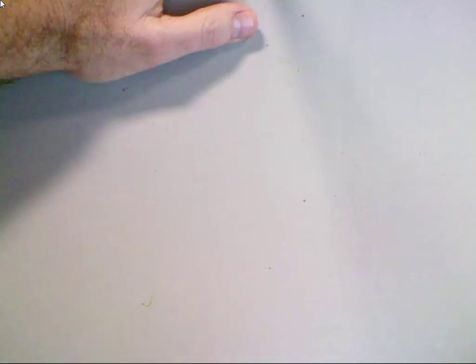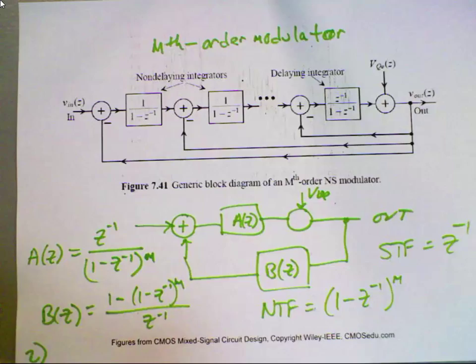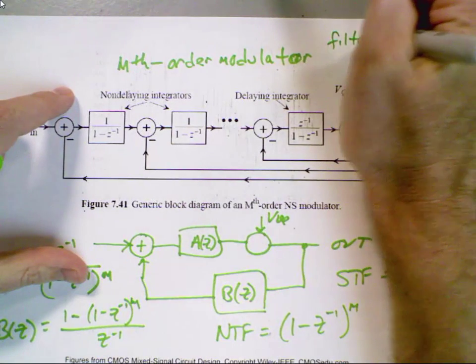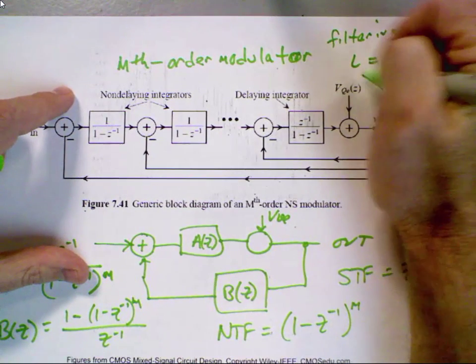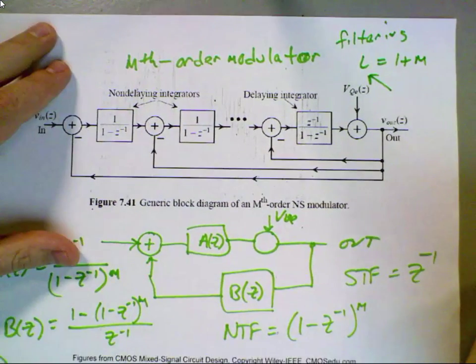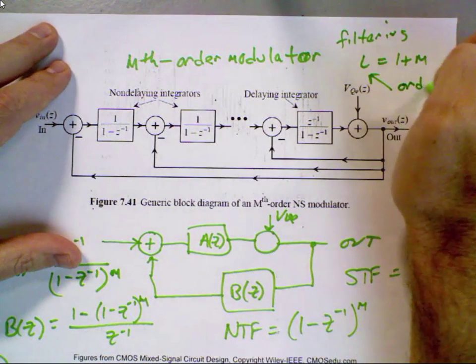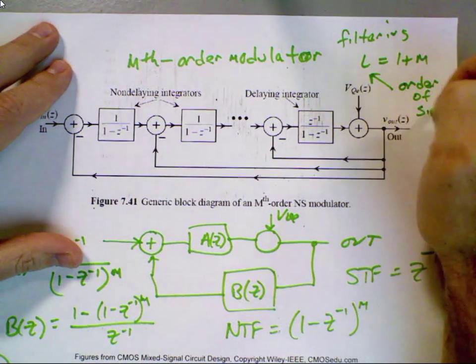And there's no surprise that for the filtering, you get L equals 1 plus M. And what is L? Order of the sinc filter.